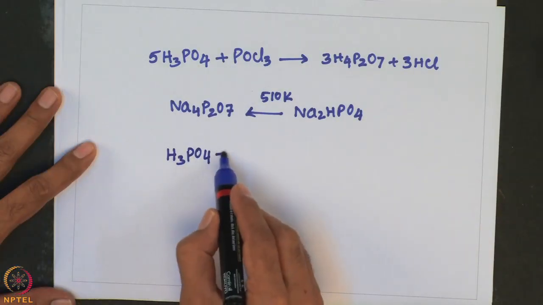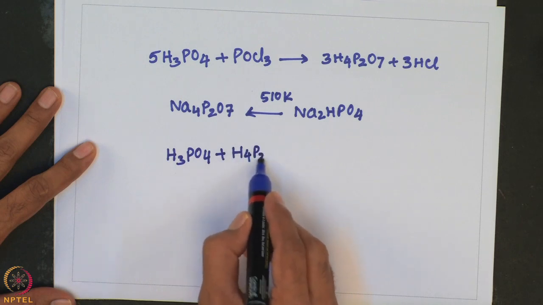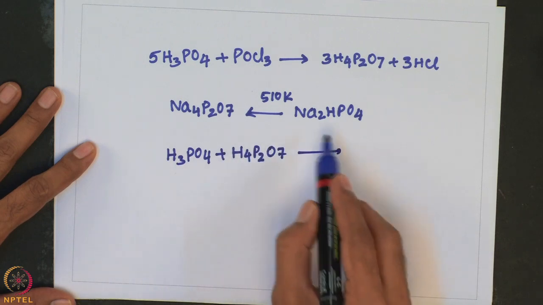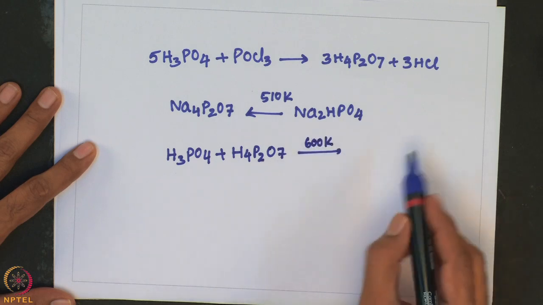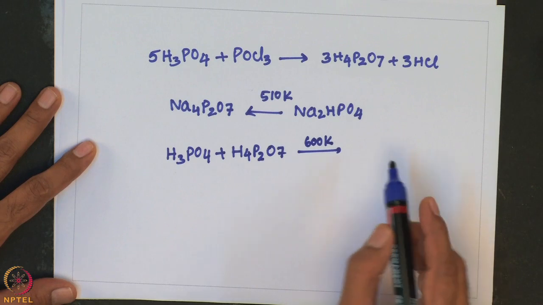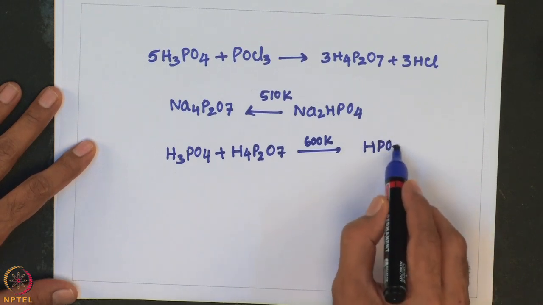The acid referred to as metaphosphoric acid with an empirical formula HPO3 here is actually a sticky mixture of polymeric acids obtained by heating H3PO4 and H4P2O7 at 600 Kelvin. So, that means if a mixture of H3PO4 and H4P2O7 is heated to 600 Kelvin, it gives metaphosphoric acid having composition HPO3.